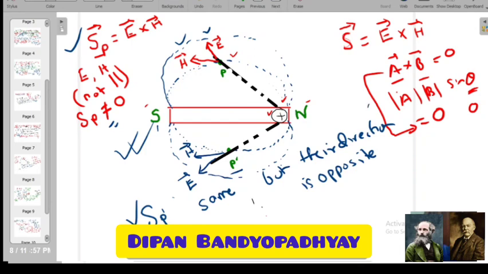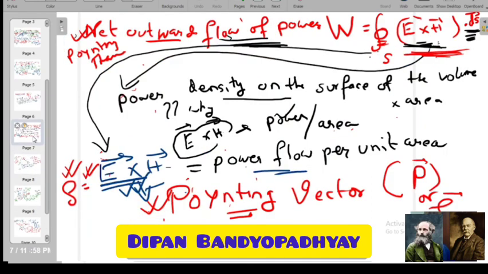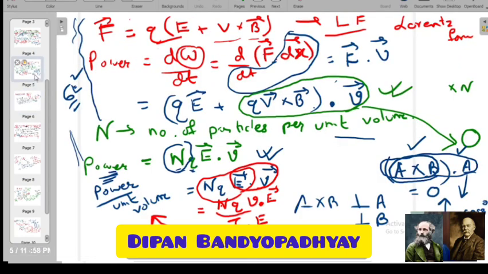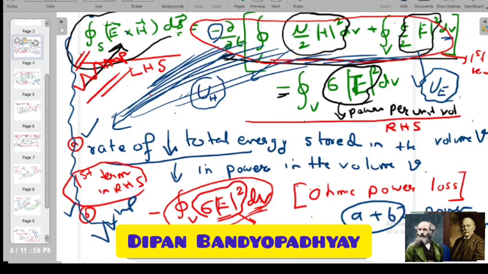You need to study this Poynting vector and the whole equation we have derived, the green one at the top. The green equation you should remember, and you should understand each and every term.